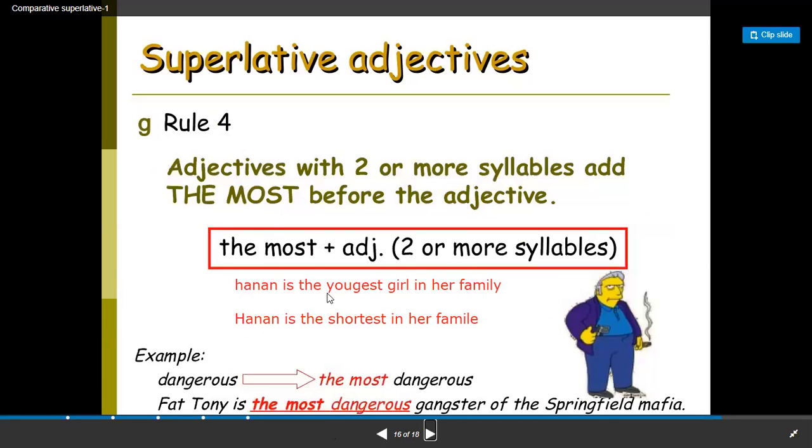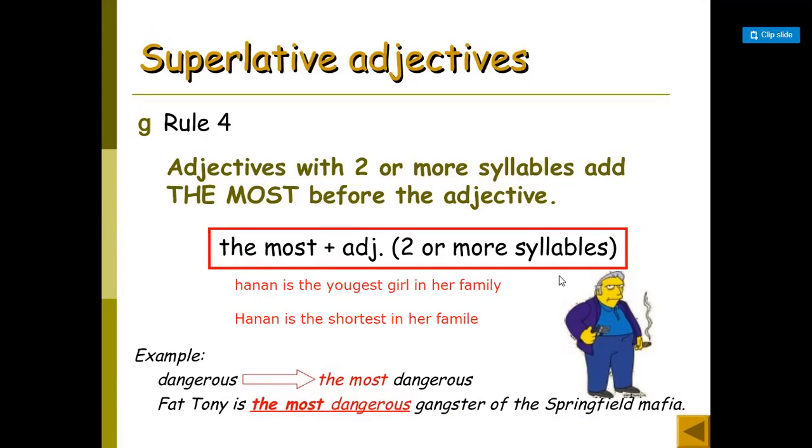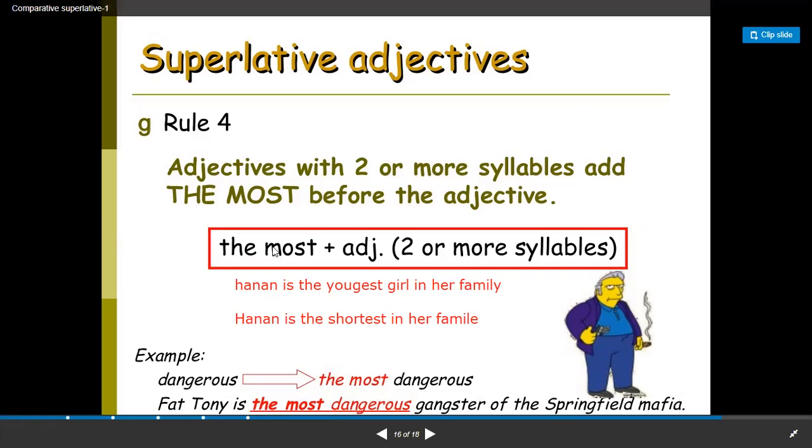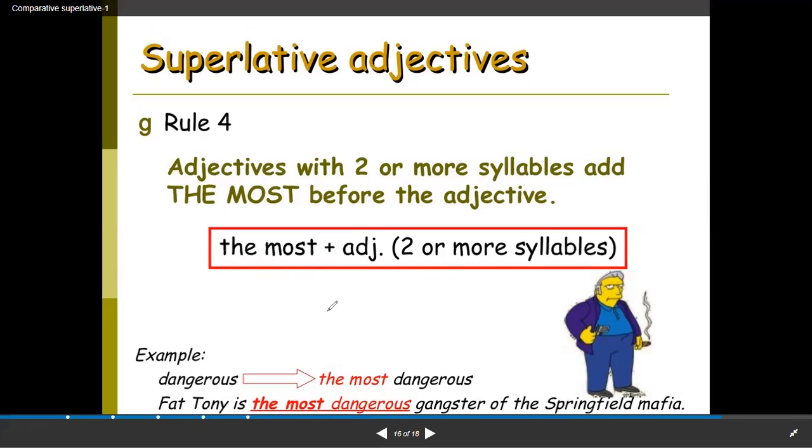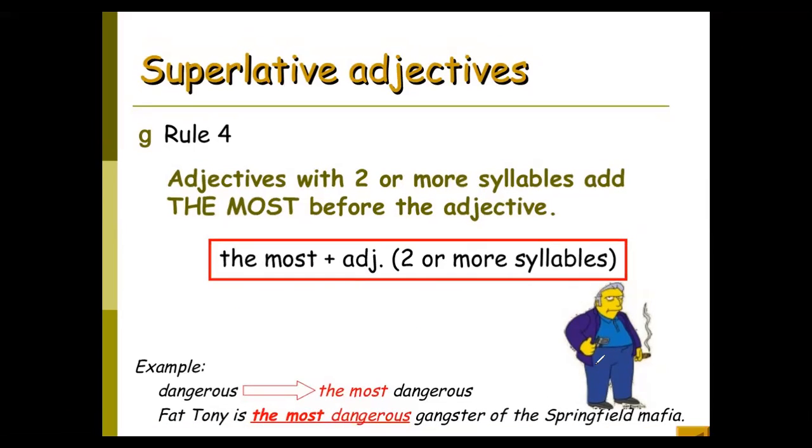Then I have rule number 4. Now I have a big adjective, a long adjective like beautiful, fantastic, gorgeous. Again, I can't add est right now. What should I add, طيب يا miss? I would add the most. And I put it before the adjective. Like for example, I can say Hanan is the most beautiful girl in the family.